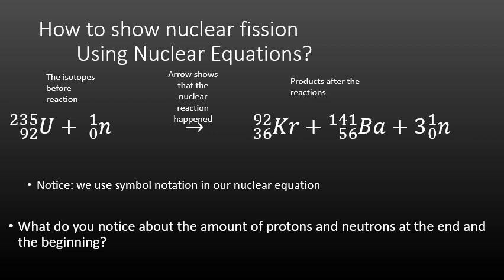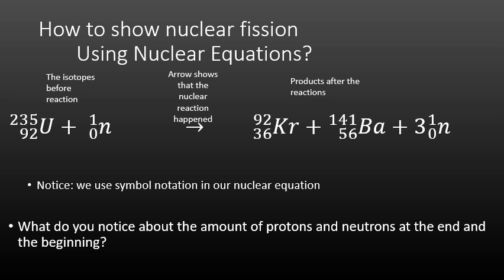You'll notice I'm including both the mass number and the atomic number and the symbol. There's a plus sign indicating that it's this one and that one. N is the symbol for neutron. Neutrons have a mass of 1, but they don't have an atomic number because there are no protons there. The arrow is indicating that there's a nuclear reaction happening. So we're going from the stuff on the left to the stuff on the right.